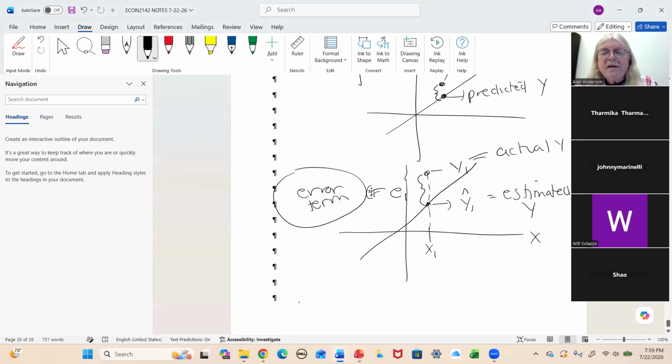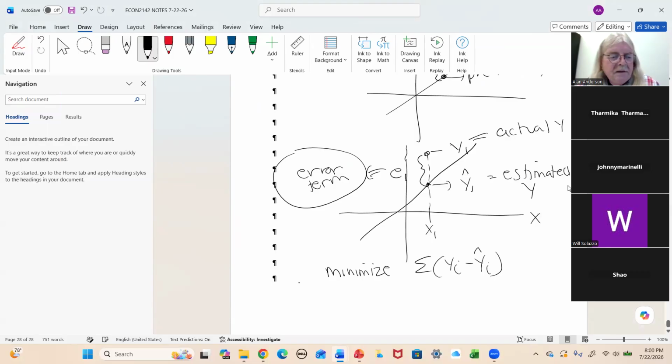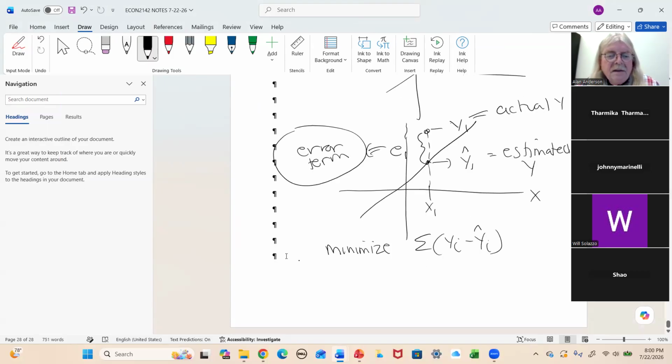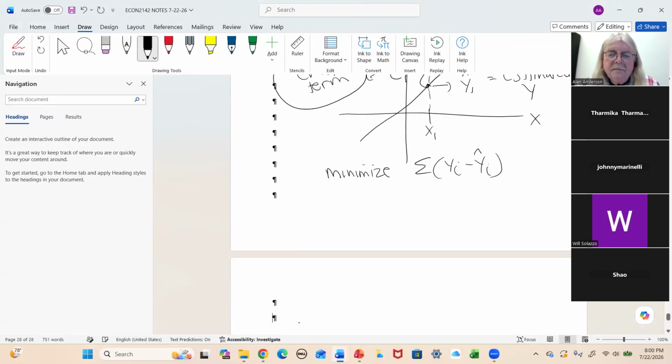In other words, the line itself is constructed by keeping the distance between the y's and the estimated y's down to a minimum. So they'll write it like this. Minimize the sum of these vertical distances.